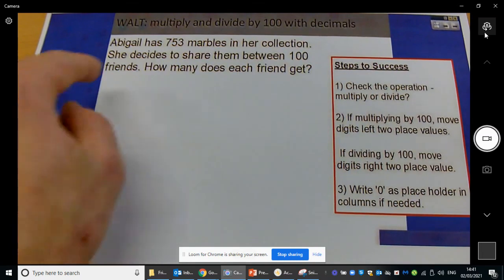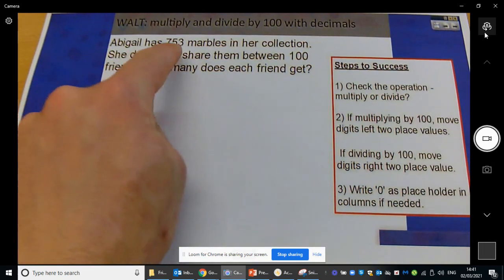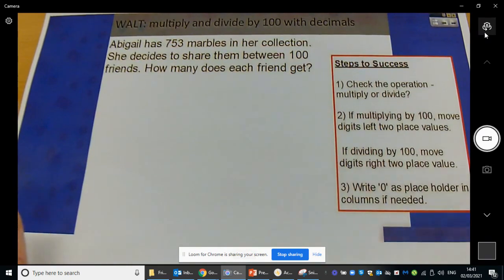So, our question is, Abigail has 753 marbles in her collection. She decides to share them between 100 friends. How many marbles does each friend get? So, which is the thing that we're going to be looking at? So we're going to be looking at her 753 marbles.